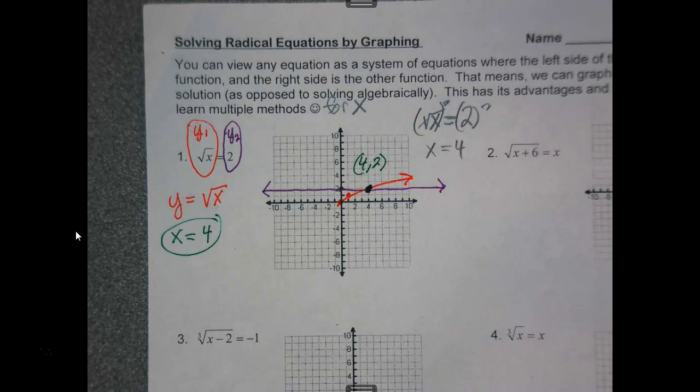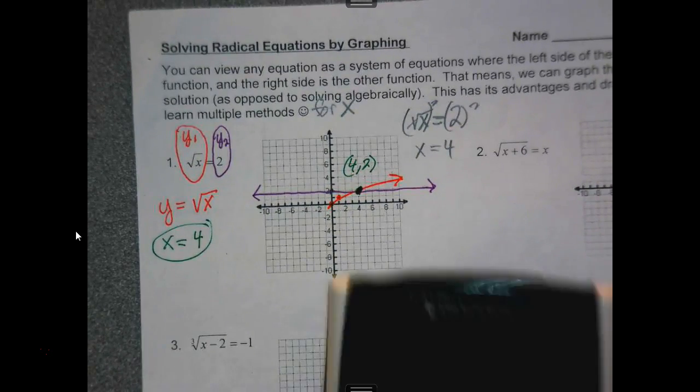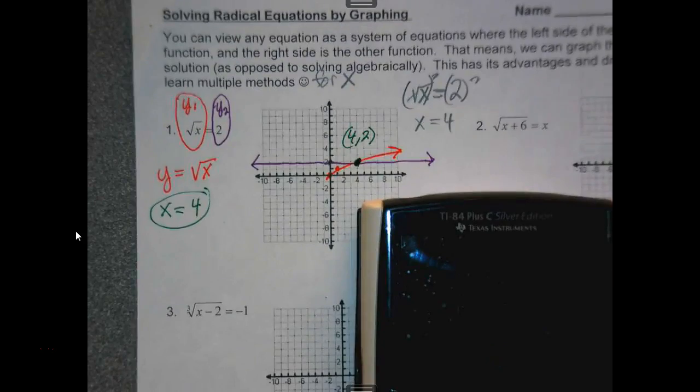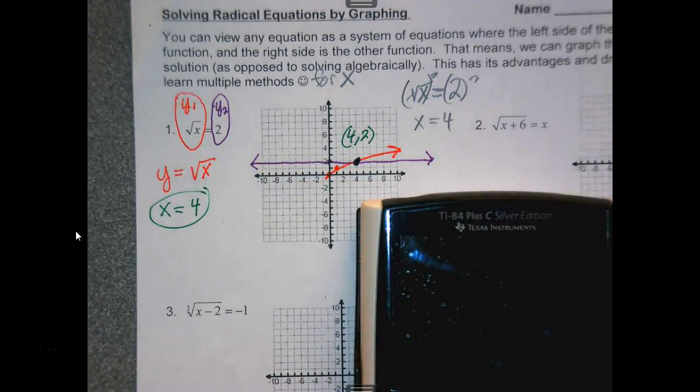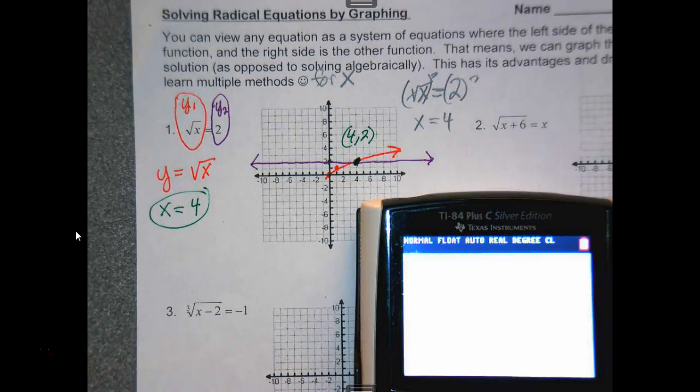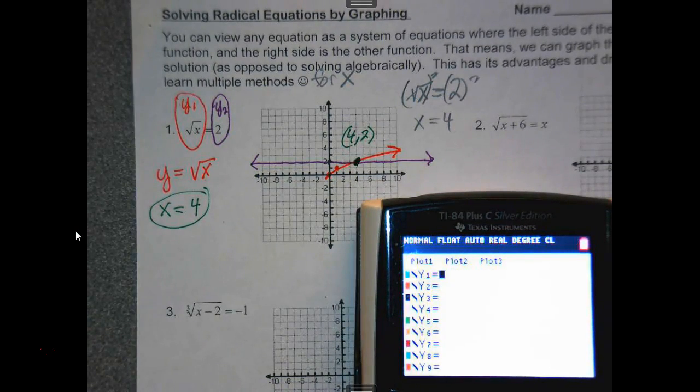Basically what I did was instead of using a calculator, I used my head. What you can do is put in the square root of x and then graph it. This is what we just spent a few days on, right?